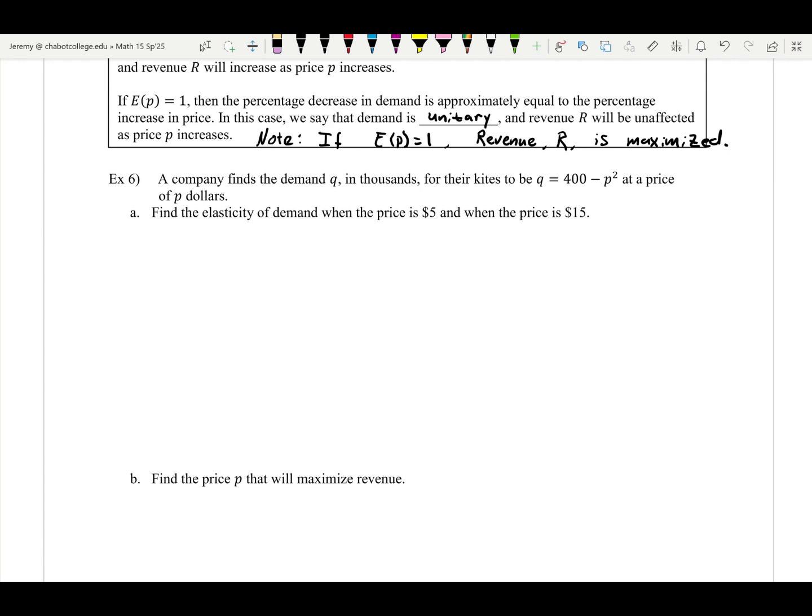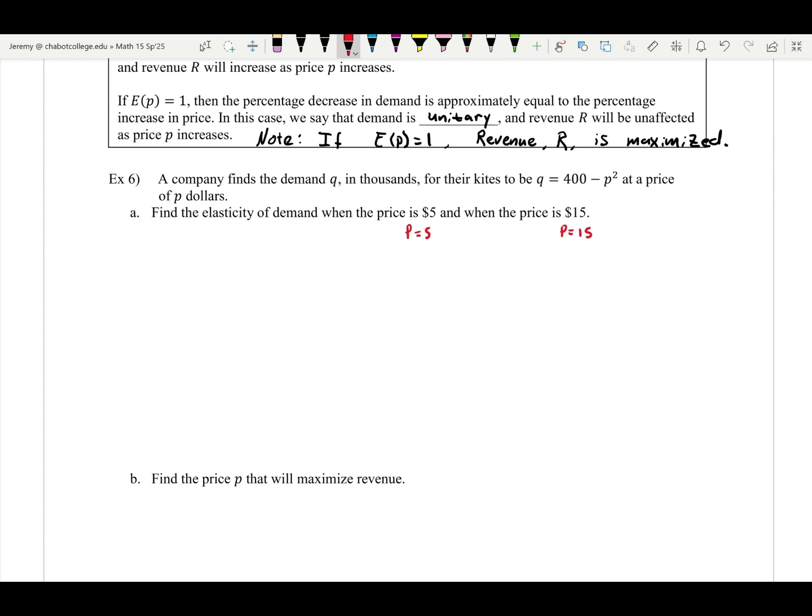It depends on the price. So we want to find the elasticity of demand when the price is $5 and when the price is $15. So we're essentially given two different P values, P equals 5 and P equals 15. And we want to find E of P for each of those values.